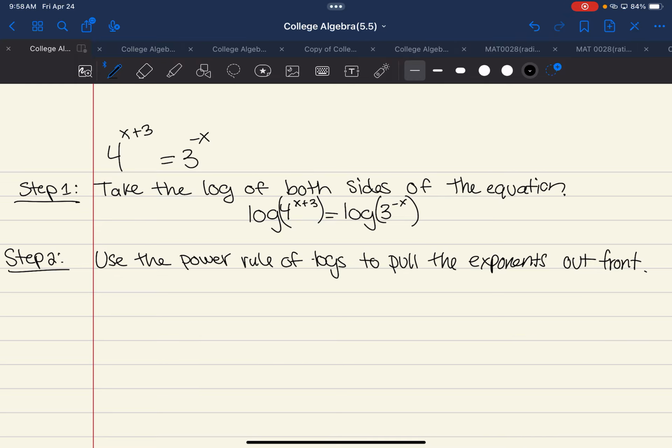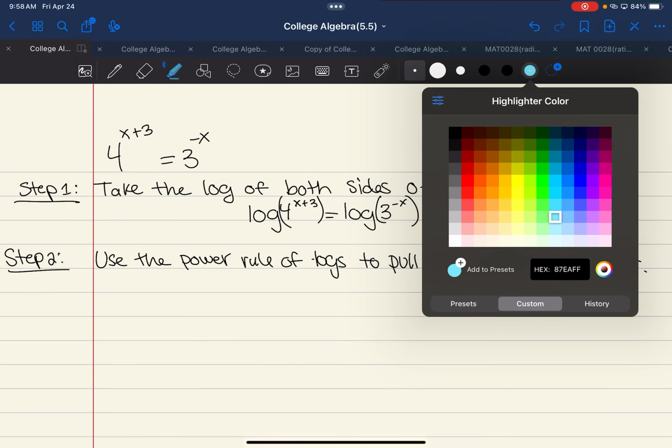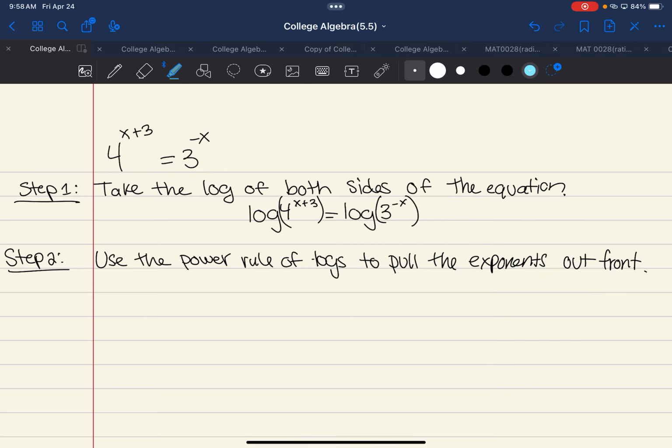So the exponent in the first log is that entire x plus 3. All of that was up in the exponent. So when I go to use the power rule there, I need to put all of that in parentheses because that entire exponent needs to be multiplied by what's left, which is log of 4.